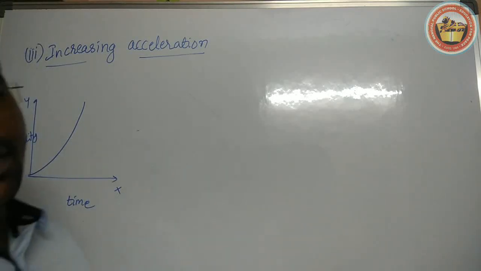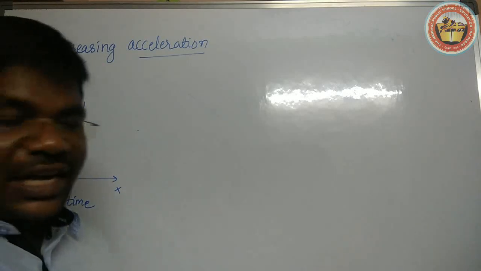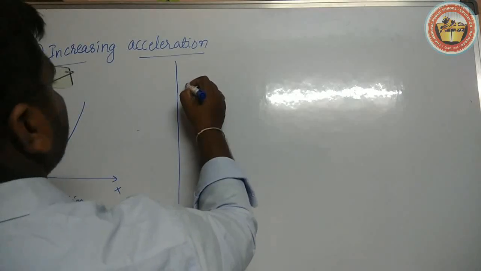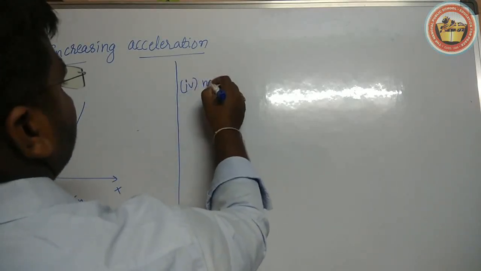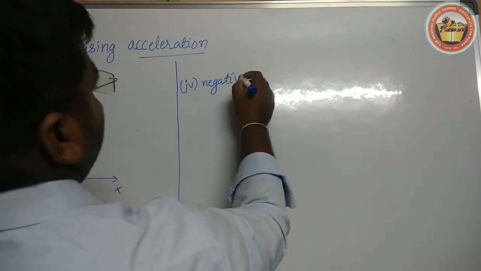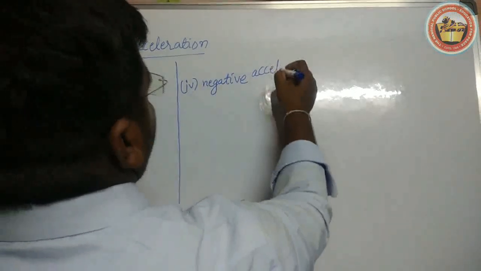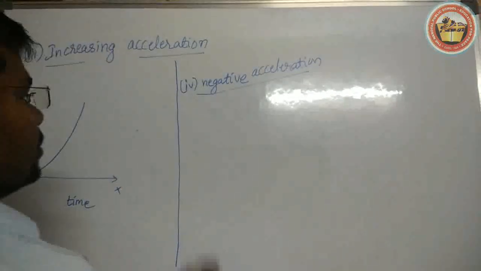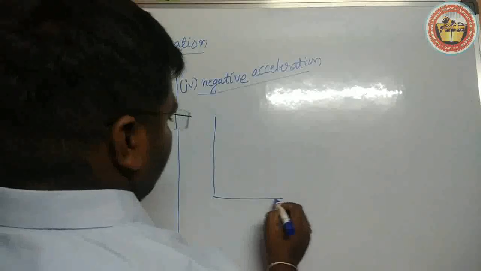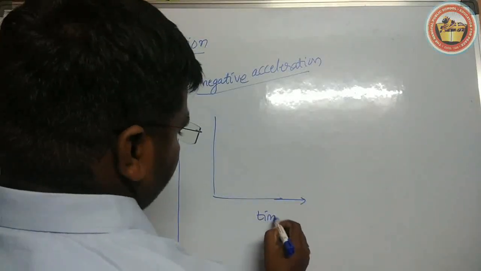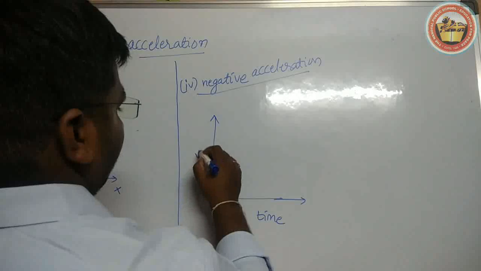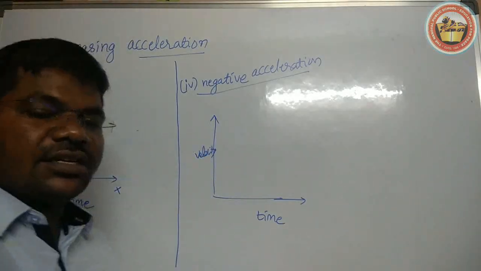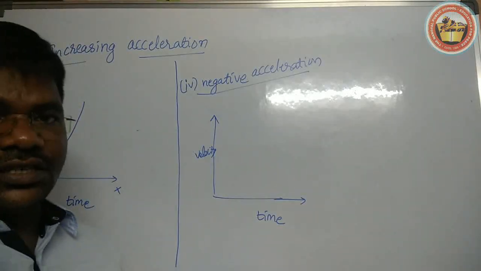Negative acceleration. Consider a particle. Negative acceleration means the speed or velocity of the particle is continuously decreasing. Understand?